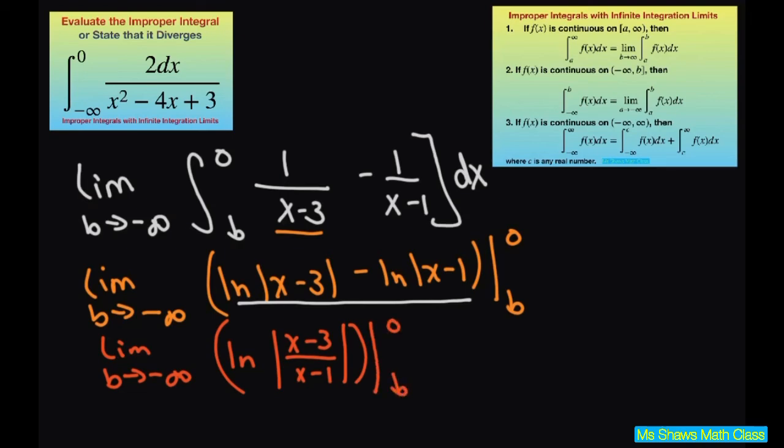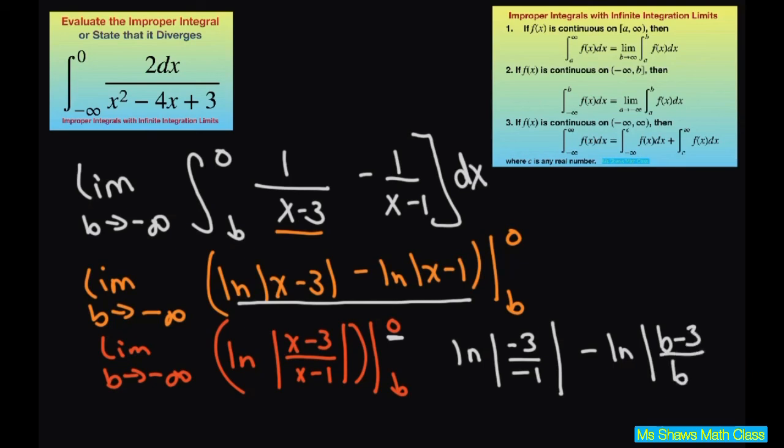Now you're going to start with the 0 here, and if you plug in the 0, we're going to get ln of negative 3 divided by negative 1. And then for the b part, we're going to do minus ln of b minus 3 divided by b minus 1.